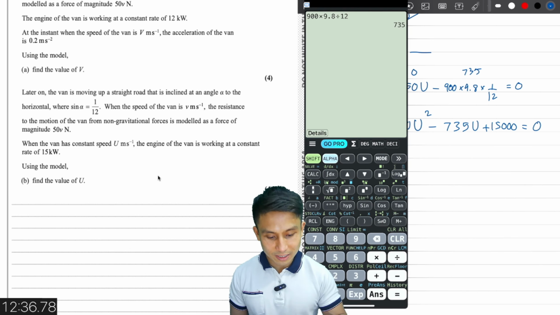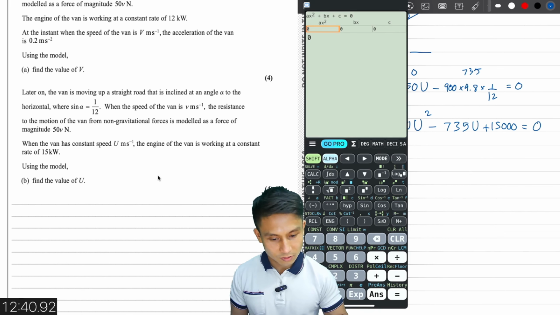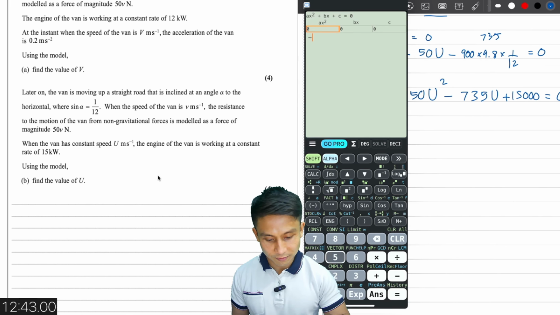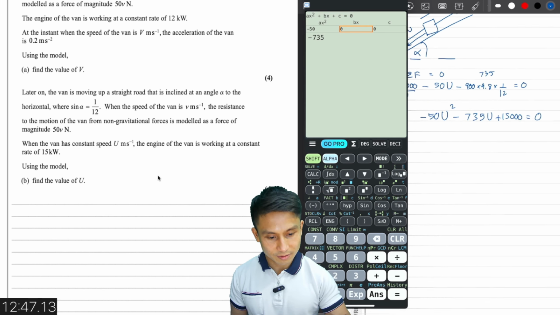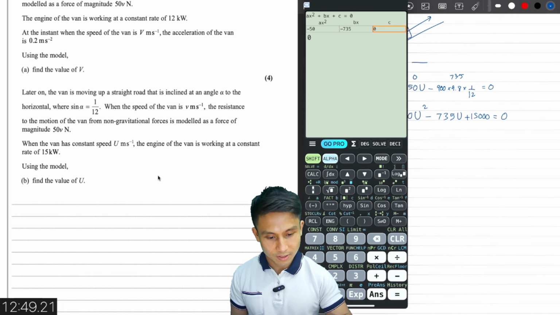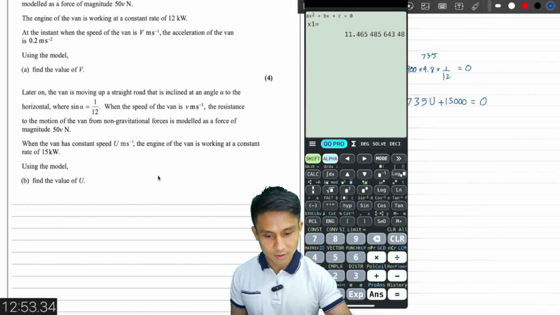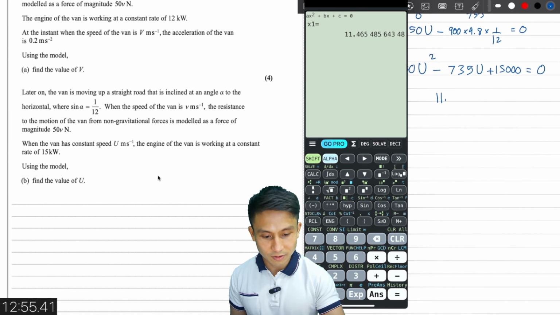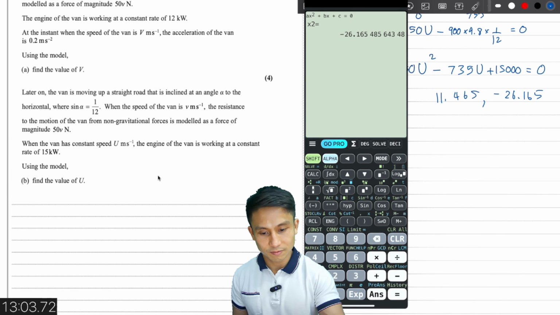And then solve quadratically. Let's see. So we have minus 50, minus 735, and then plus 15,000. Okay, going to note down the value: 11.465, and the other one minus 26.165.